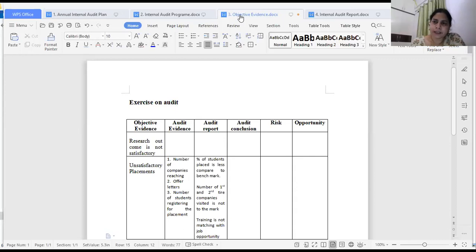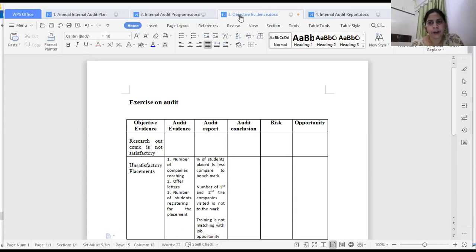And when I take the placement record of the placement head, it shows a difference. To match with that, I'll send one auditor to the college and one auditor to the placement head, and I'll get 2 different reports. Now, either the reports have to match or there should be a solid reason which one is correct.